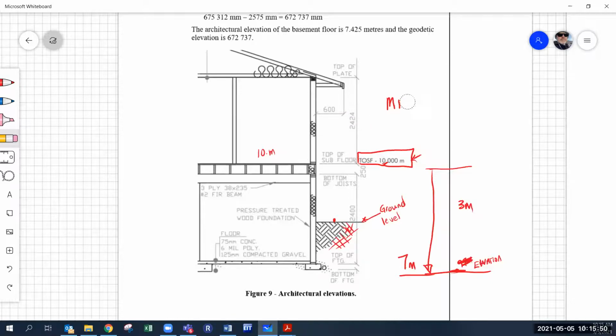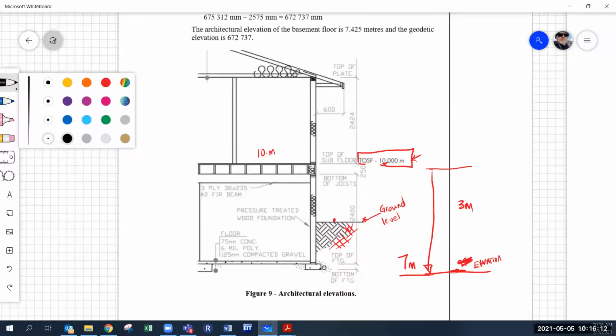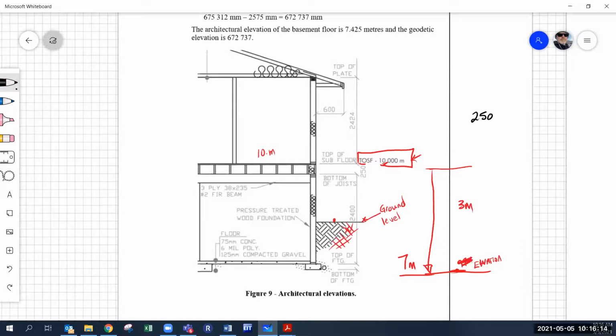So can anybody tell me what my ground level is? 2.65 meters down. Yeah, see, now you're getting it. So we have 250 mils right here.